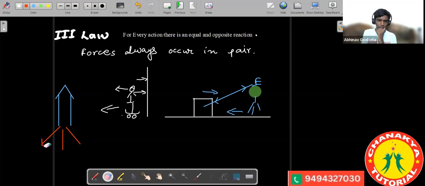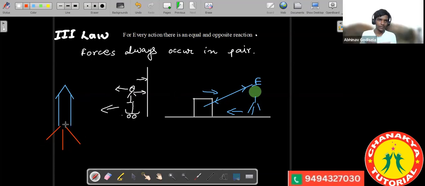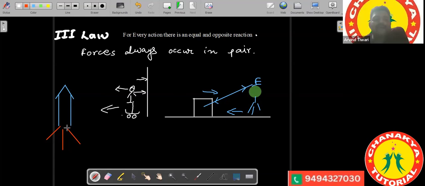The gases push the rocket as a reaction. The gases are moving out of the rocket, and to move out, the gases must push the rocket. Hence, the gases are moving out, and they are pushing the rocket in the upward direction. So this is also action and reaction. The movement of gases in the downward direction is your action, and the movement of the rocket in the upward direction is your reaction.